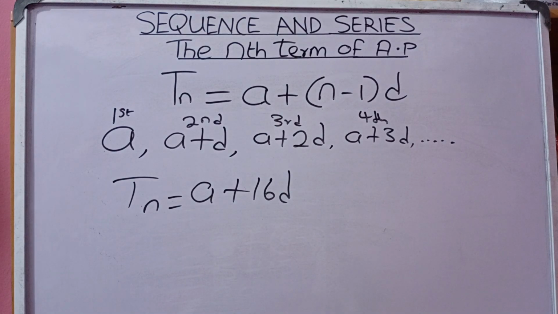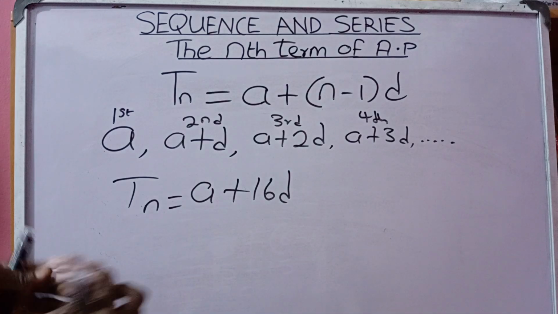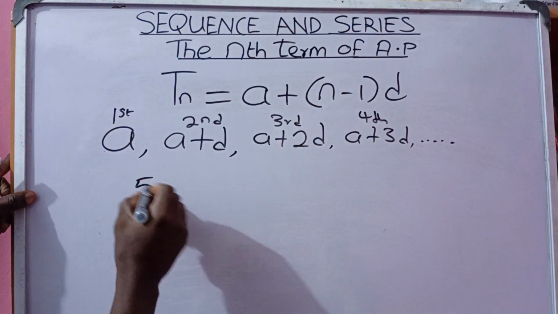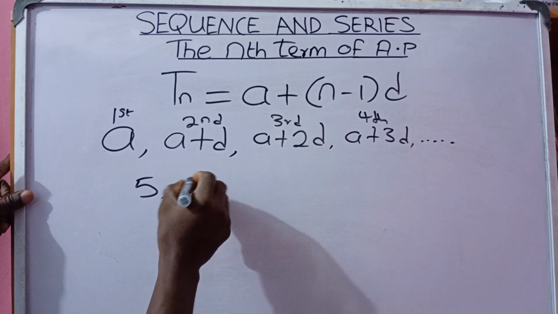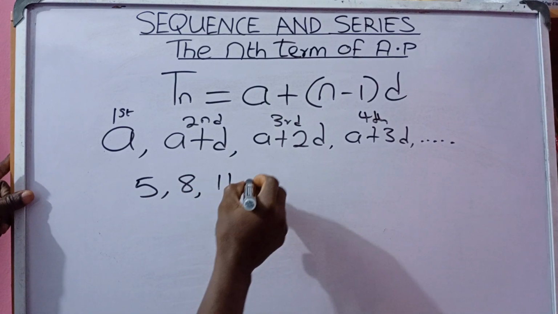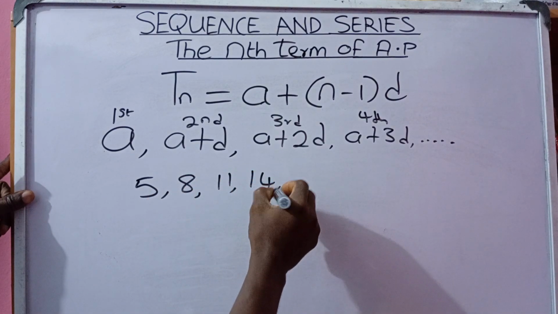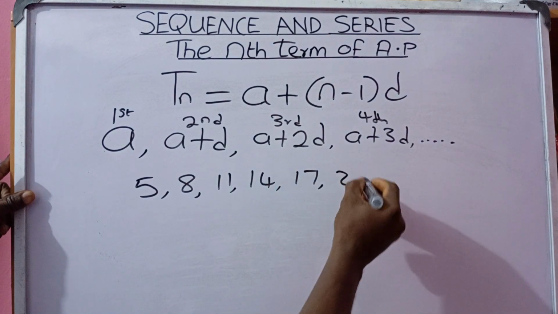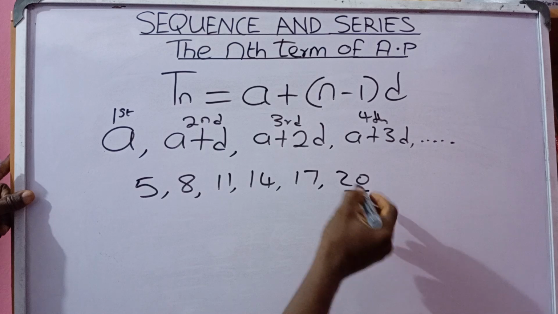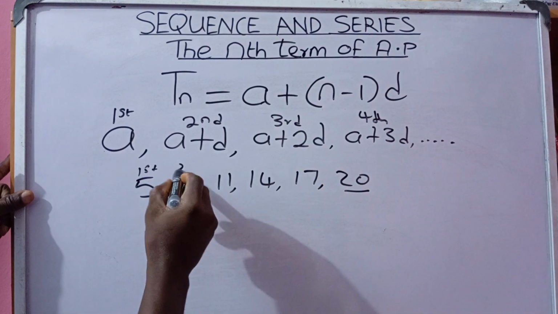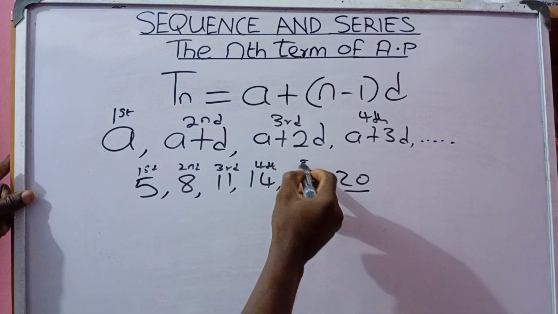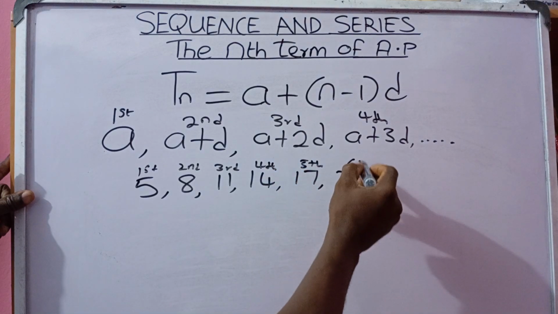Let's use that same example I provided not long ago. If we have 5, 8, 11, 14, the next one will be 17, the next one will be 20, and this is the sixth term. This is the first, second, third, fourth, fifth, and sixth.